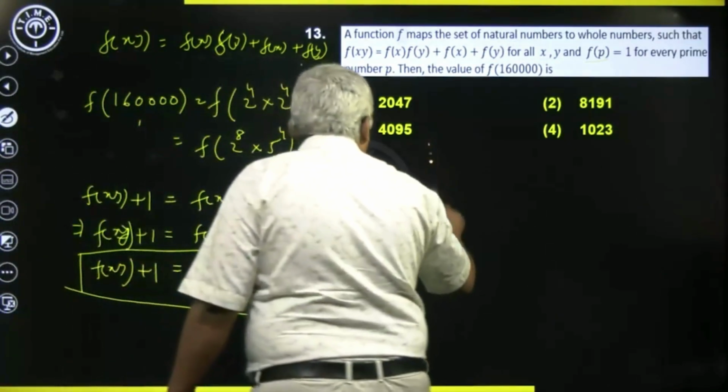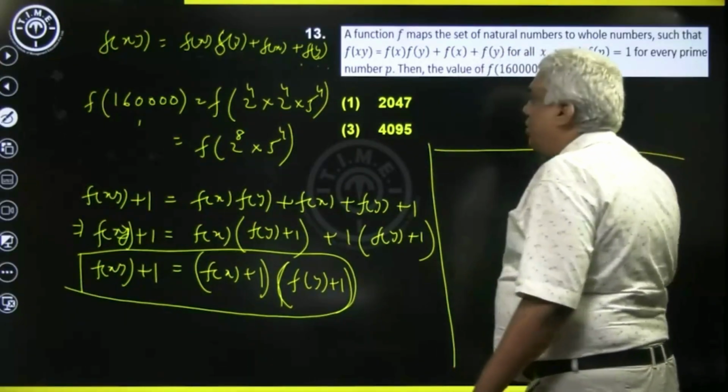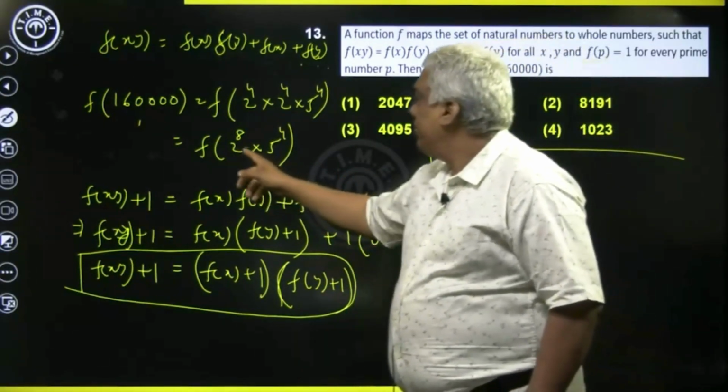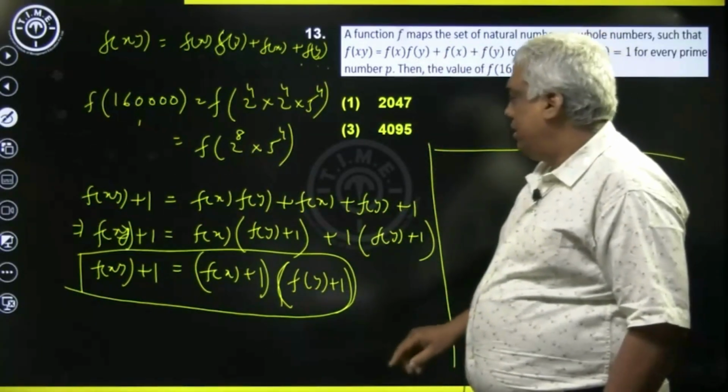Now, here you have to find f of 2 to the power 8 into 5 to the power 4.